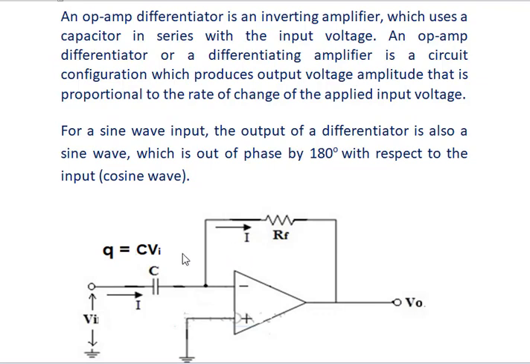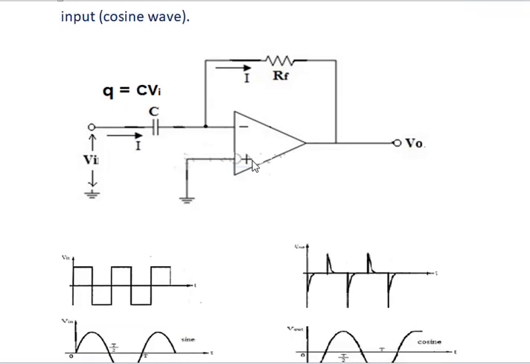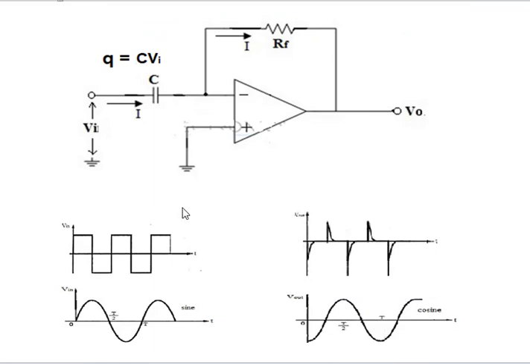It uses a capacitor in series with the input voltage. This produces an output voltage whose amplitude is proportional to the rate of change of the applied input voltage. See here, suppose we apply a square wave.